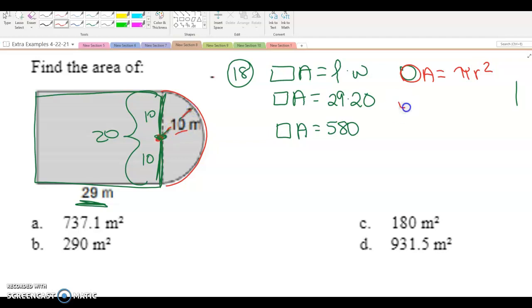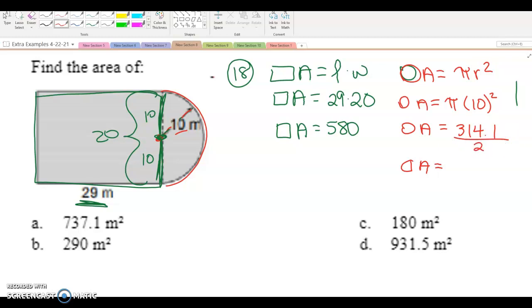So circle area is pi times 10 squared, which will be what, 314 point something? 314.1. And now that's for a whole circle. Now we got to find it for half a circle. So what do I do to find it for half the circle? Divide it by 2. You got it.